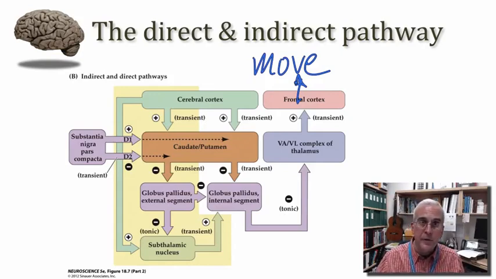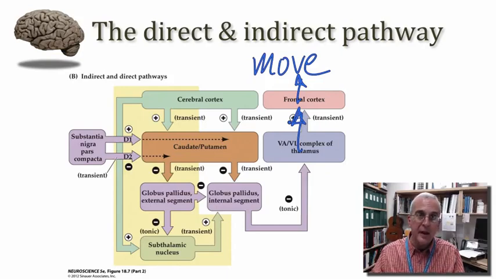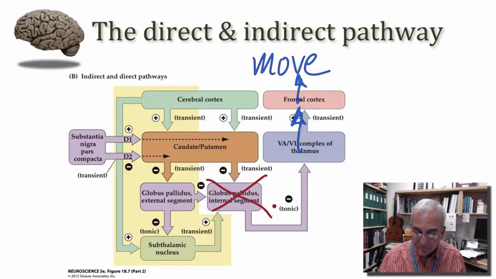Well, in order to activate our cortical spinal neurons, there has to be a trigger signal from the thalamus. Well, how does that happen? We have to disinhibit the thalamus because, remember, it's at rest, clamped down by an inhibitory output from the basal ganglia. So if we have any hope of expressing movement, then we need to take out the tonic inhibition from the internal segment of the globus pallidus.